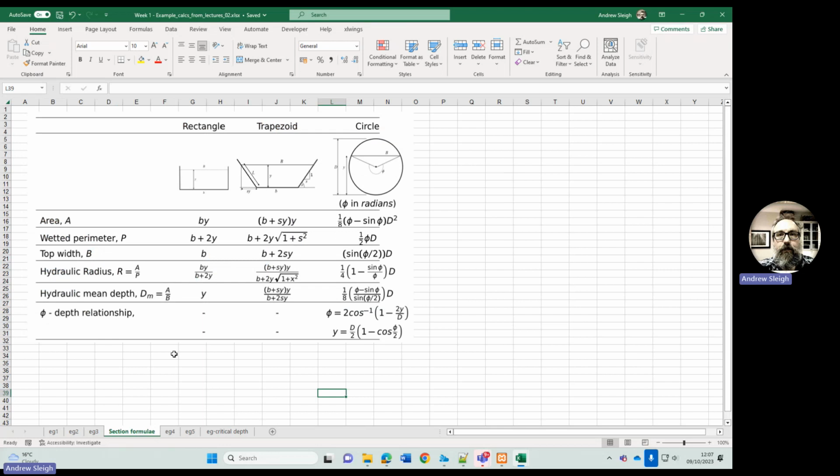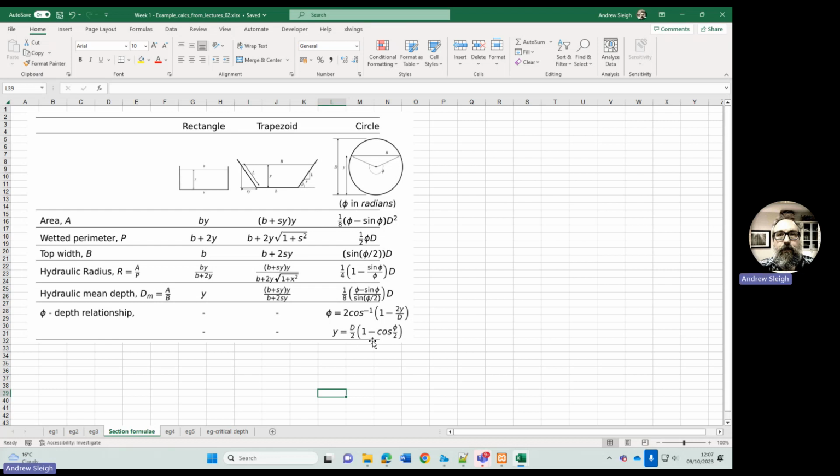Let's now look briefly at this section table. I'm going to show you this table several times. It's a summary of the formula that we need. Now we've seen the rectangular, we're going to see the trapezoidal. Trapezoidal is most useful because it can also simulate the rectangular, if you put the lowercase s here as 0.